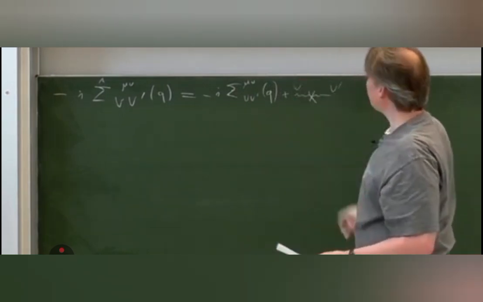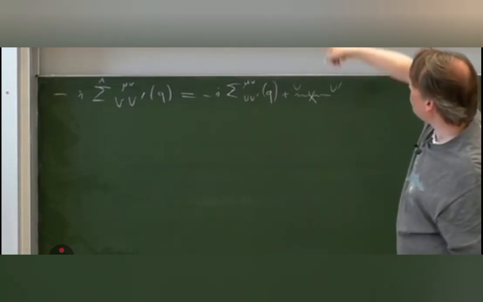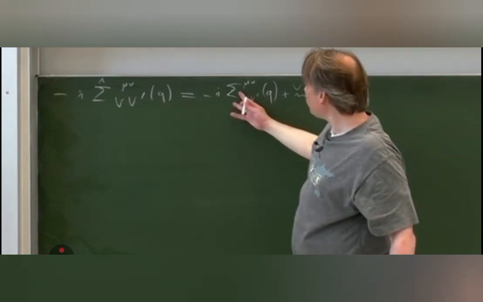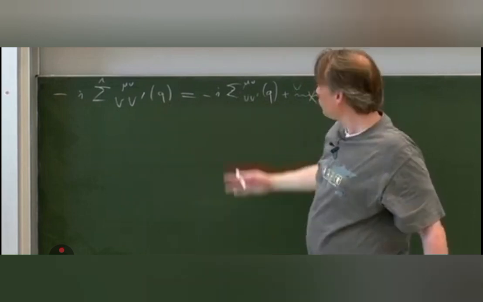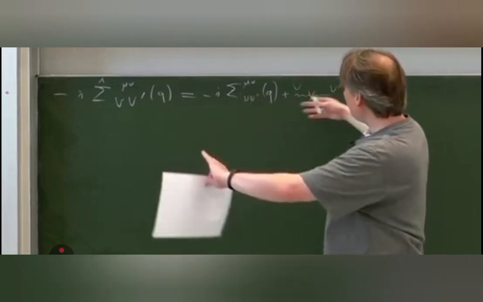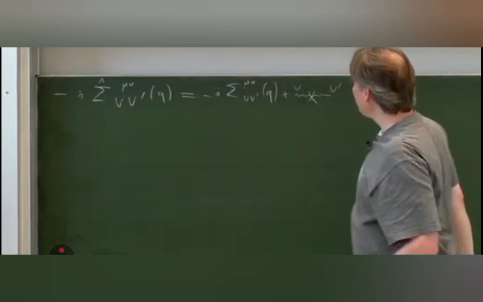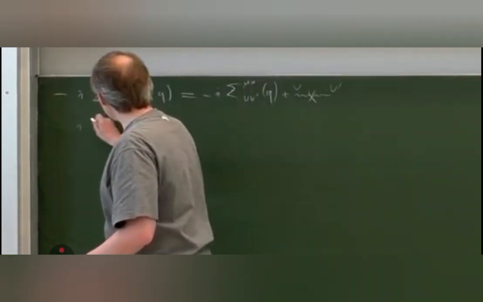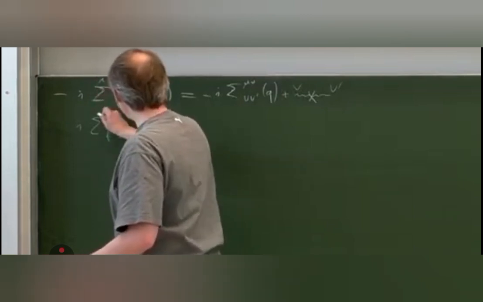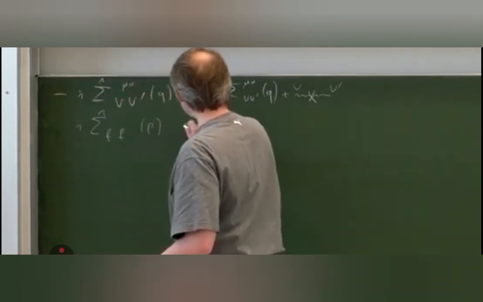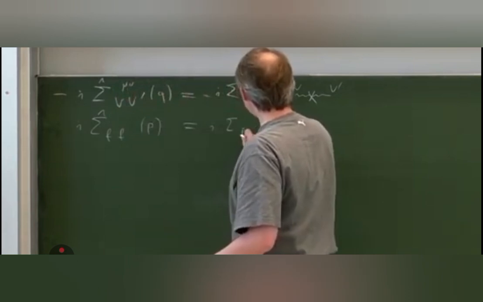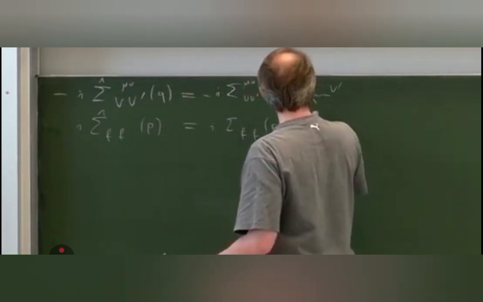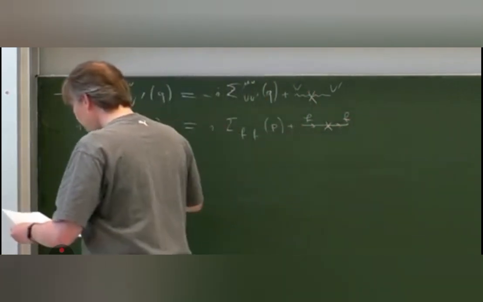Okay, and then you could copy the expression from there and put it here, and then you know how you obtain from the unrenormalized self-energy the renormalized one. And this object is the one-particle irreducible one-loop contribution to this Green function. Similarly for the fermions, Sigma hat FF of p is equal to the unrenormalized self-energy plus this counter term Feynman rule, and for the scalar as well.